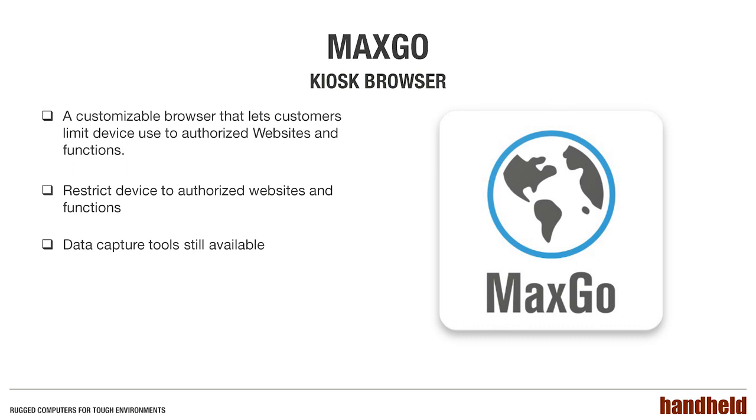The second application here is MaxGo Kiosk Browser, which is also software that will help you lock down the unit and increase the control. Many applications today, as you may know, are HTML5 based. So what Kiosk Browser does is the same kind of thing as the kiosk. It locks the device into operating only in a closed web environment, only allowing certain websites to be accessible.